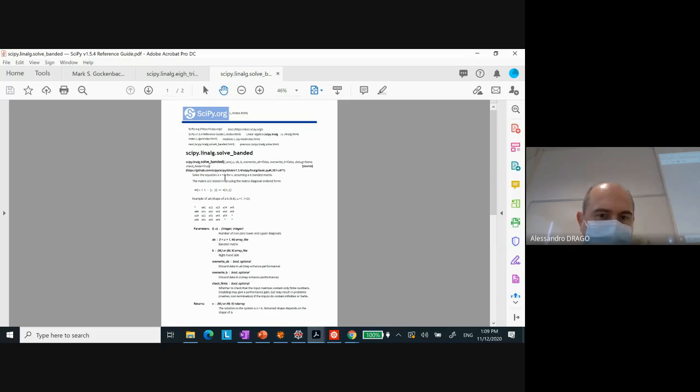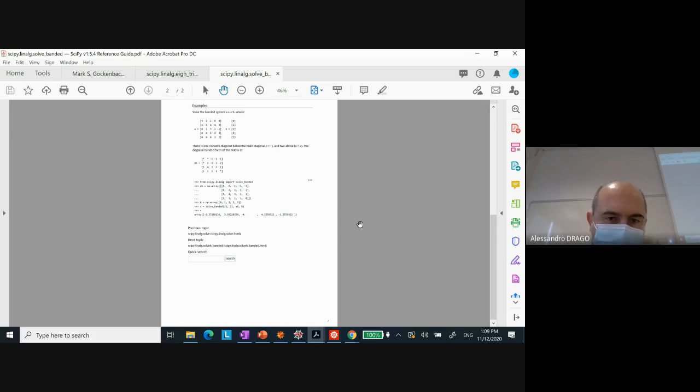And of course, b is what in our case was f. And what it gives you back is the solution. So it's rather easy. It's very similar to what we did. The only difference is that first you have to rearrange your matrix in this way.